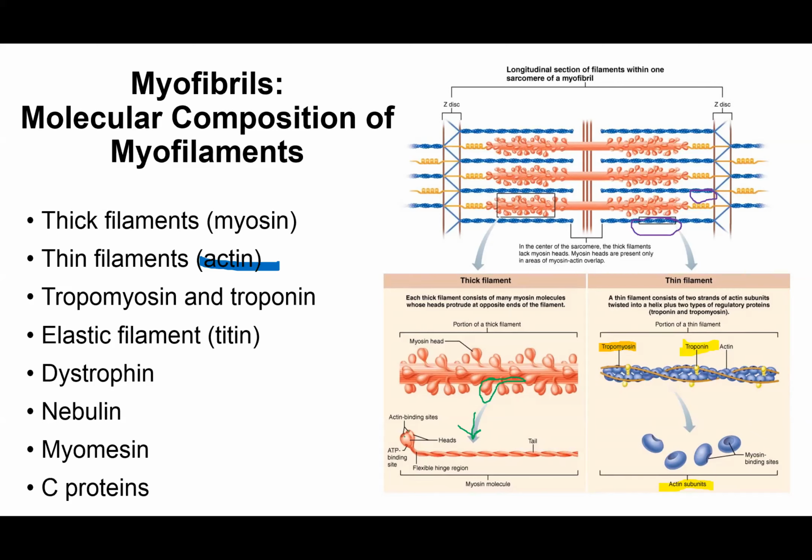And actin and myosin are going to interact, and we're going to learn all about that. In addition, we have some other molecules that I'm going to bring onto your radar, things like titin, which is what you see up here in these little orange coils, which are essentially anchoring proteins. We also have nebulin, dystrophin, myomesin, and C proteins, and we're going to briefly touch on some of those as we move along.